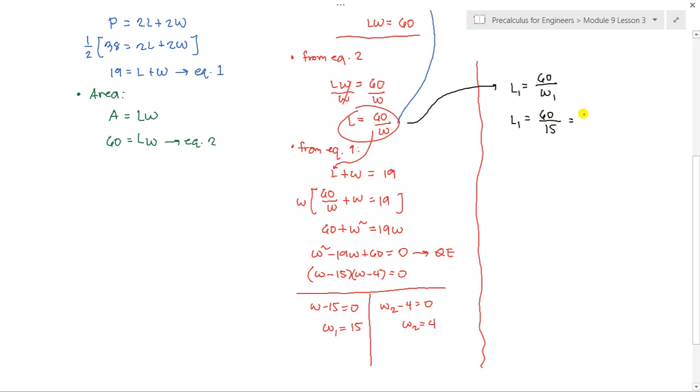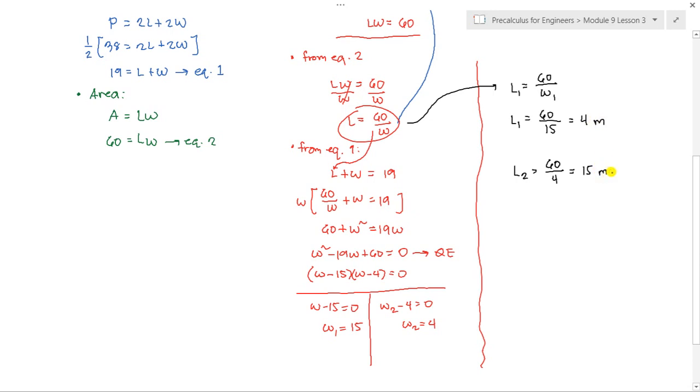The answer here is 4. For the second, length 2 is equal to 60 all over w2, which is 4. That is equal to 15. So 4 meters and 15 meters.